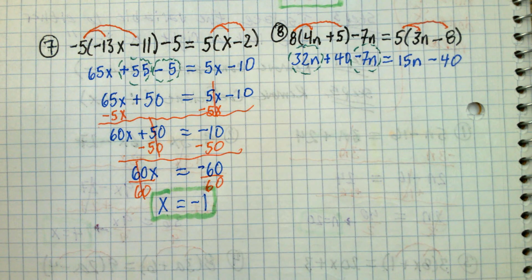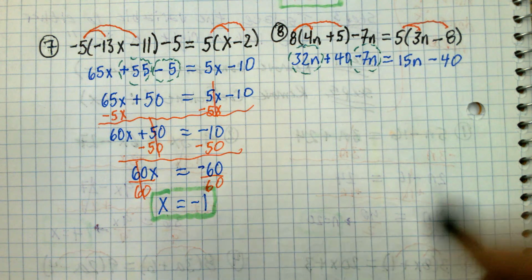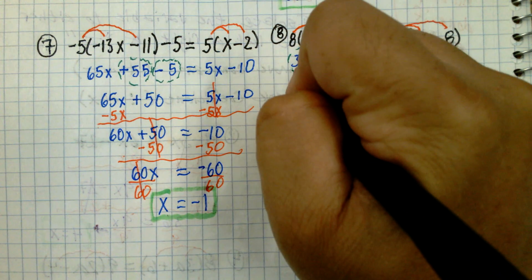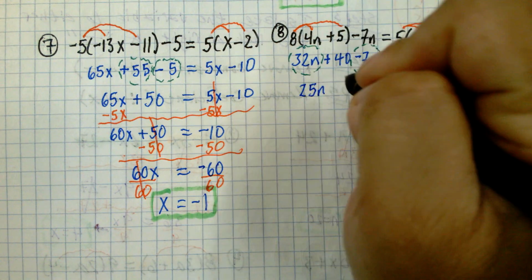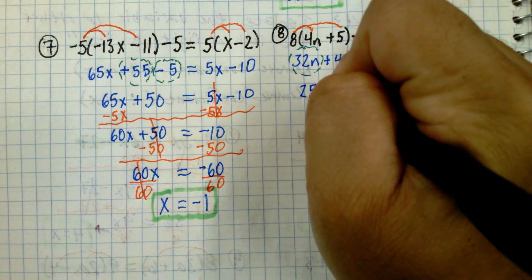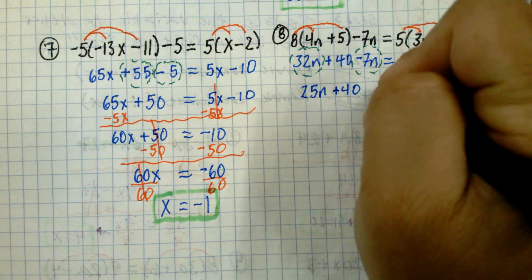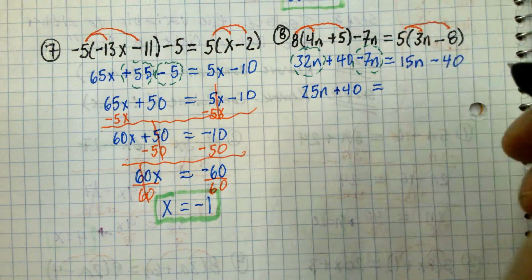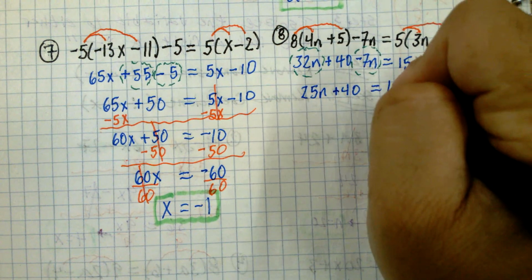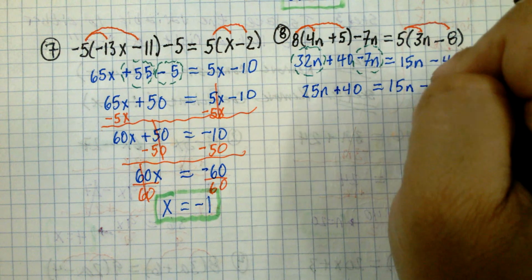So it's really 32 take away 7. Check my math. 25n plus 40 equals 15n minus 40.